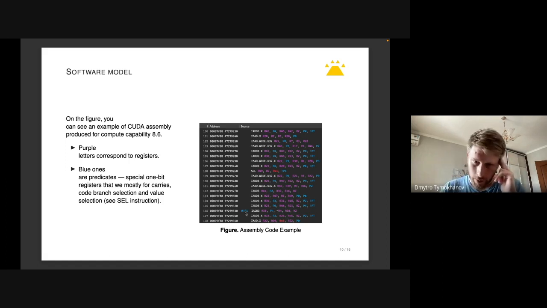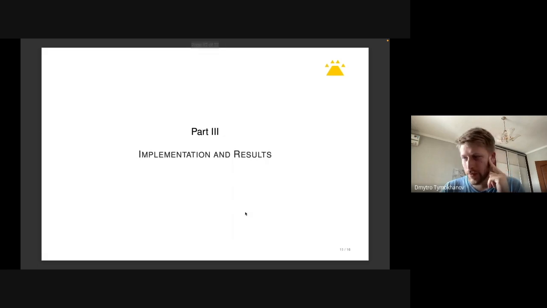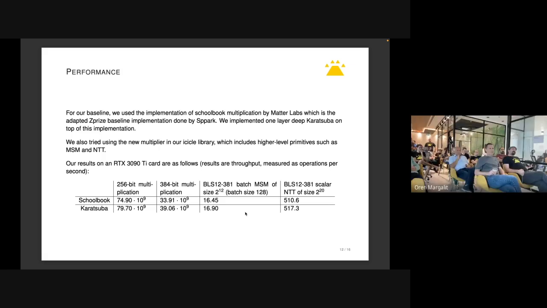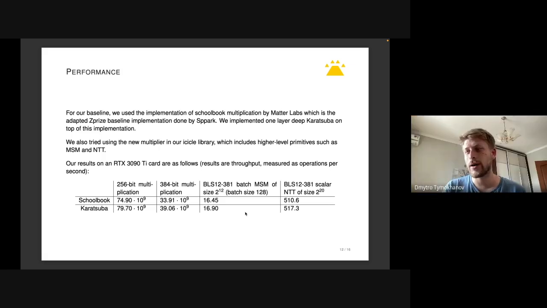Okay, so that's an extremely brief introduction into what matters for this experiment. And so now let's jump to the results quickly. We tried to compare the baseline implementation that we took from Metro Labs, from Robert here, and he actually based it, according to comments in the code, on the ZPrize baseline done by Spark.